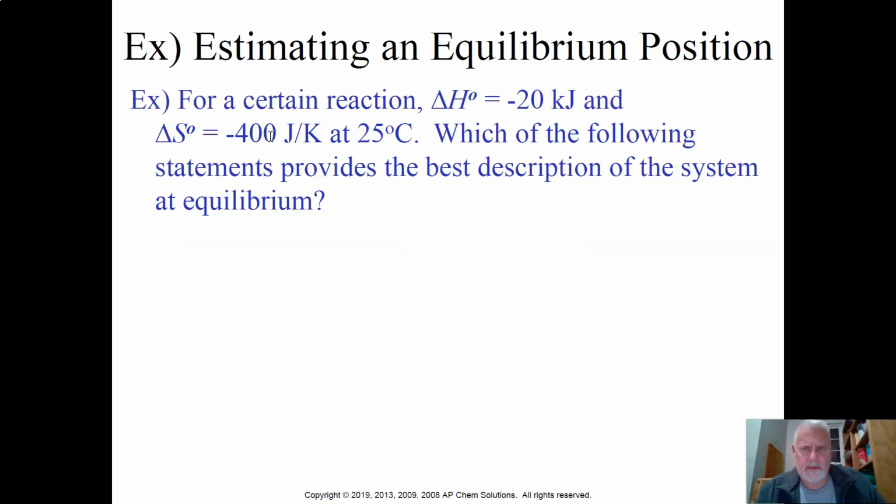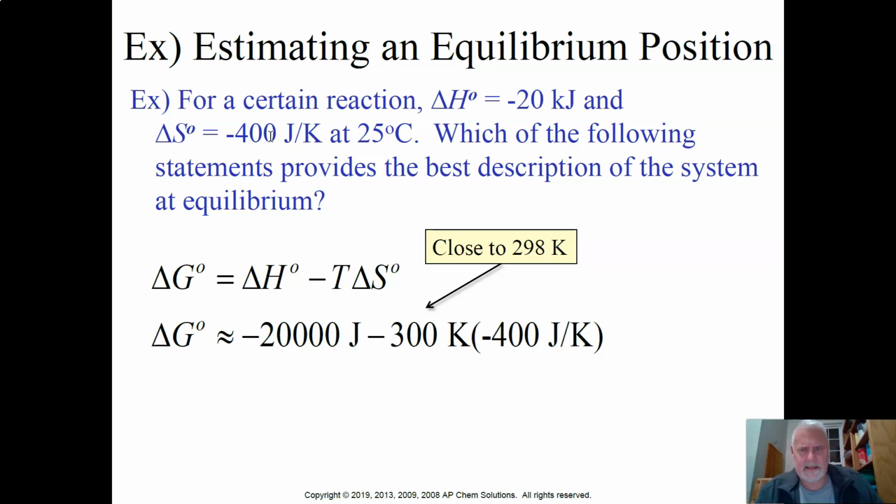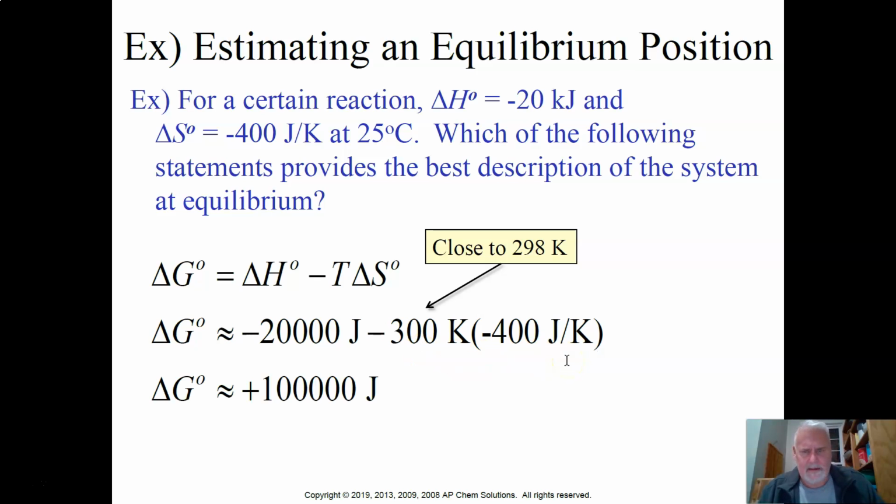So when you look at delta H minus T delta S, and you throw in negative 20,000 joules, and then the temperature being close to 300, you can look at these two numbers and go, hey, that's going to end up being on the positive end of about the order of 100,000 joules once you crunch those numbers.